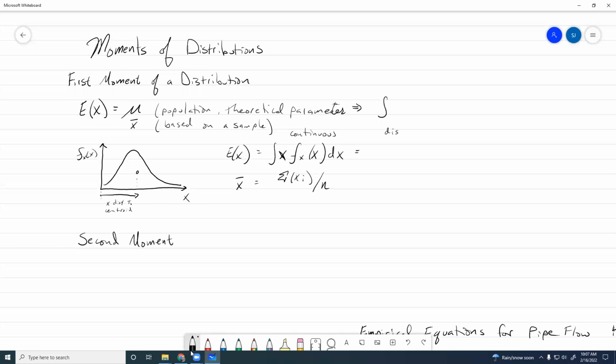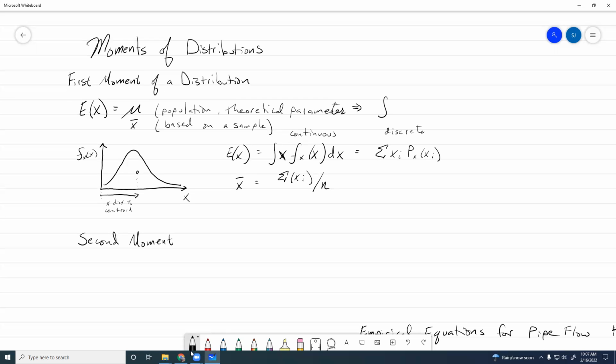And for discrete, do you remember what that was? All we did is we took each value that x can take on and multiplied it by its probability mass or relative frequency.